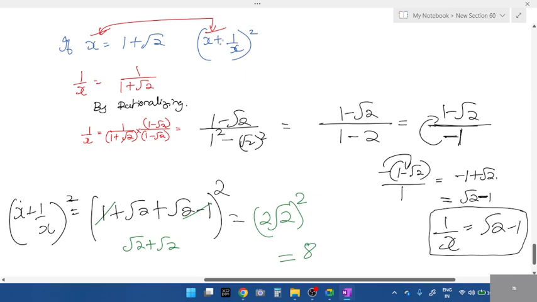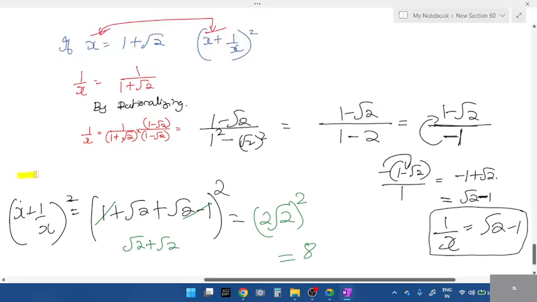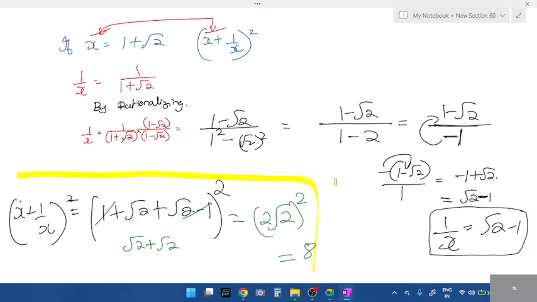See, don't write it like this. Write one below the other. I don't have space, so I've written it like this. This is the final answer. Root 8. Go through once. Definitely you'll get such a question for 3 marks.